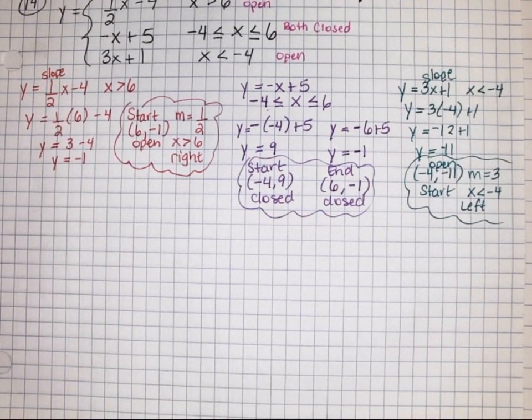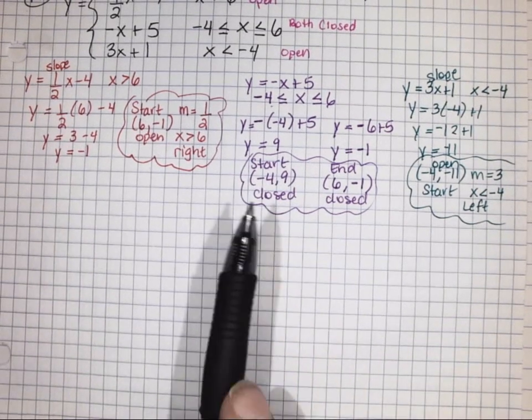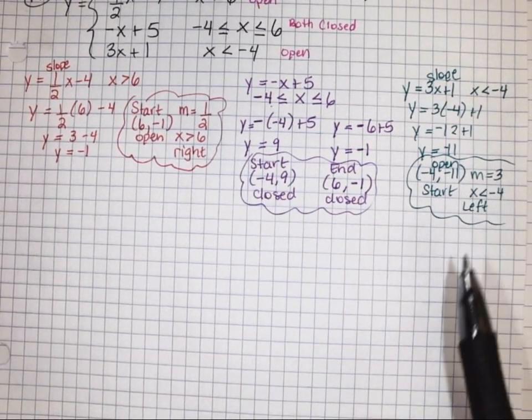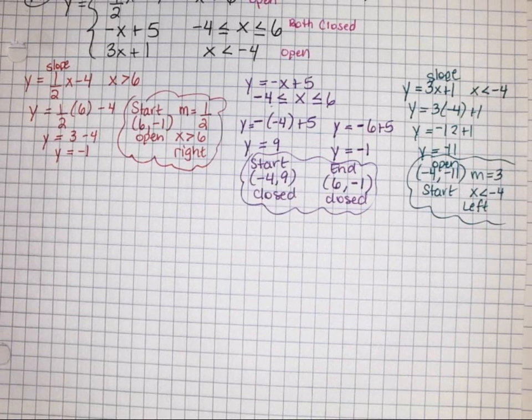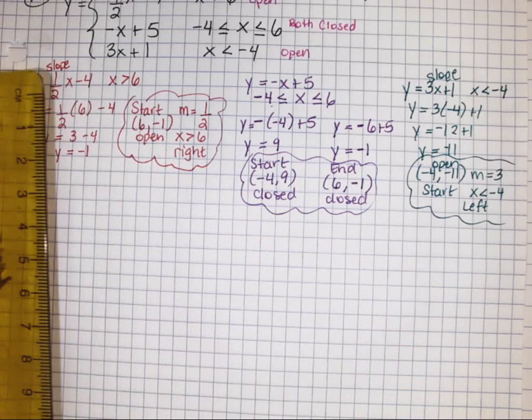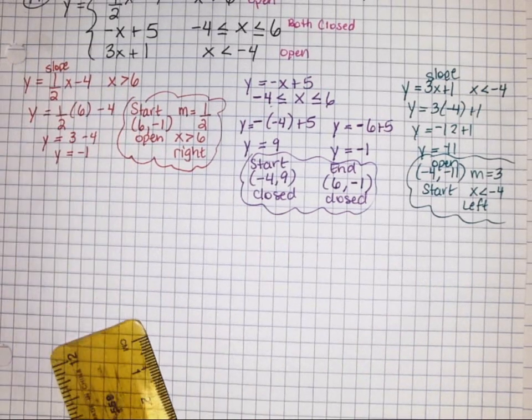Okay, so let's draw a graph. Based on where you're starting and your slope, the y-axis should go up. We may have to go by 2.